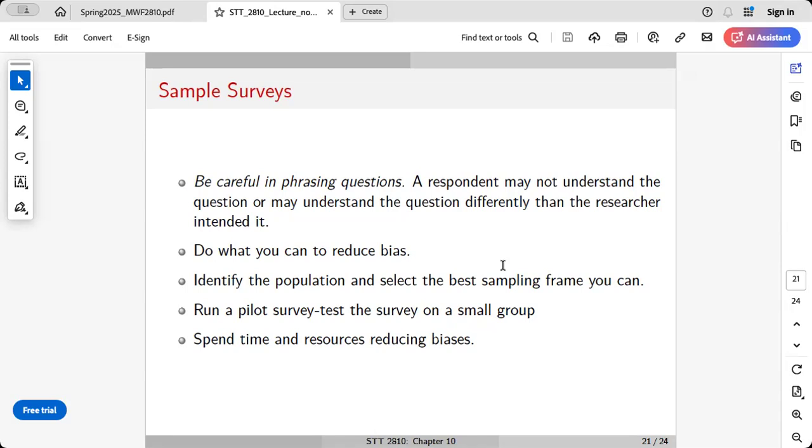You should also identify the population and select the best sample frame you can. And then you should also spend time and resources. That way, that is going to also help reduce bias.